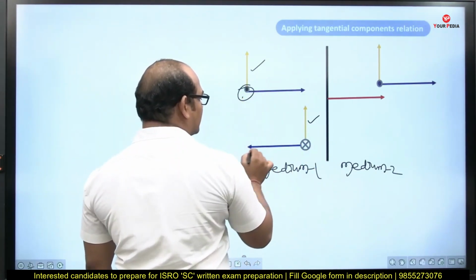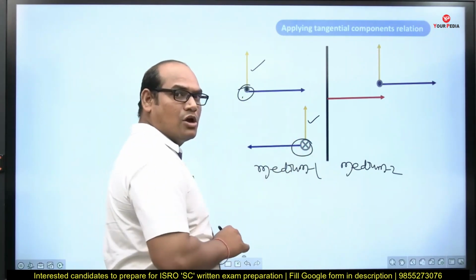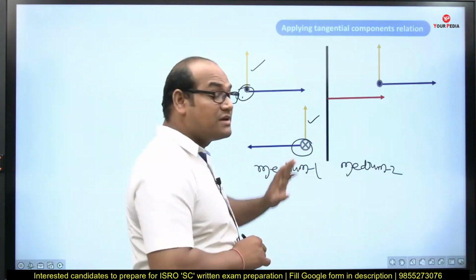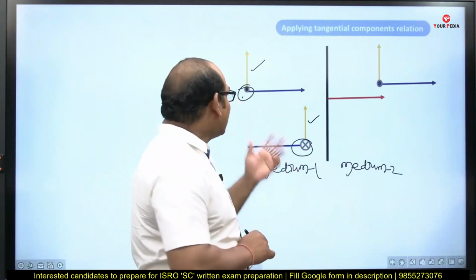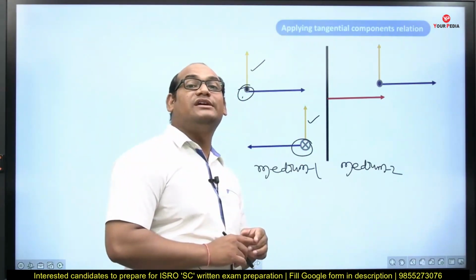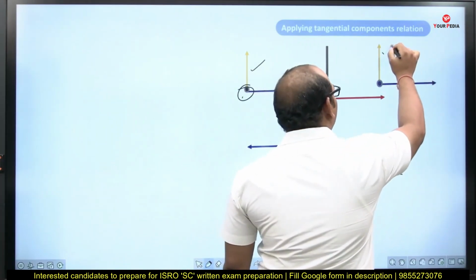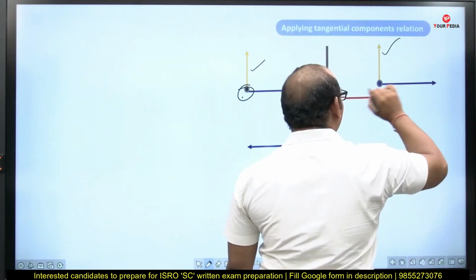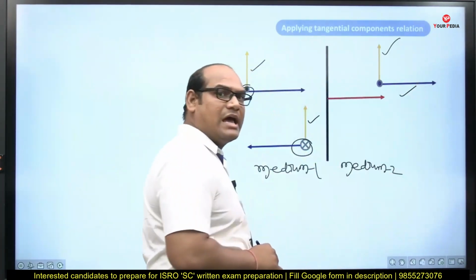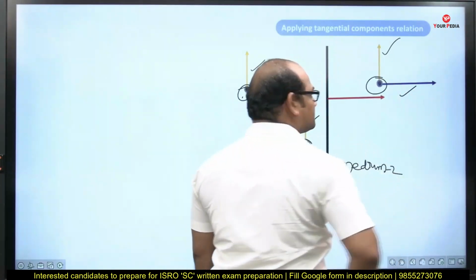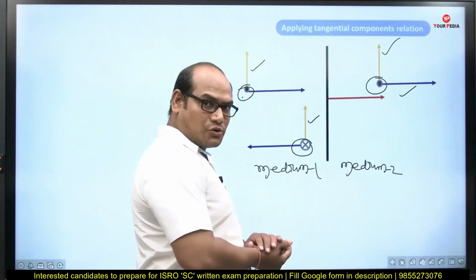So for the tangential components, we have to take two electric fields into account, and two magnetic fields also. On this side only one wave is there, so only one tangential component of the electric field and one of the magnetic field.